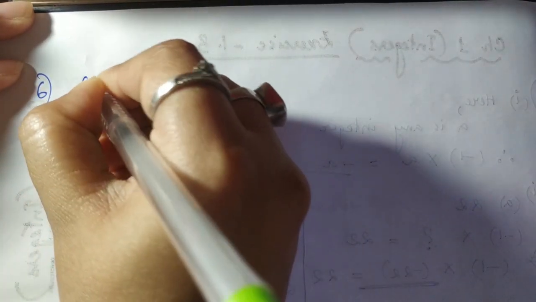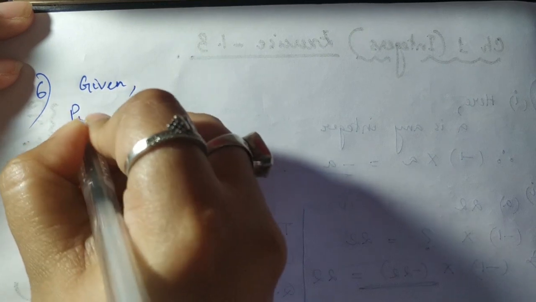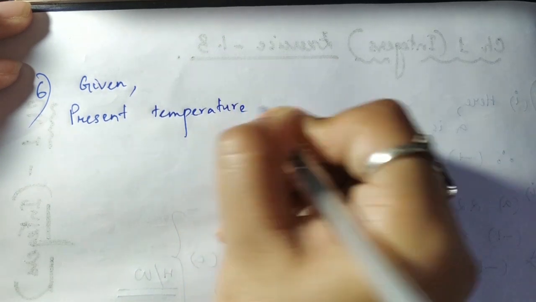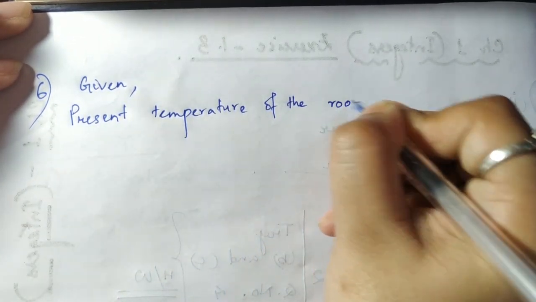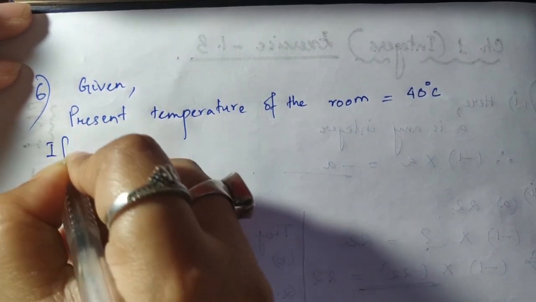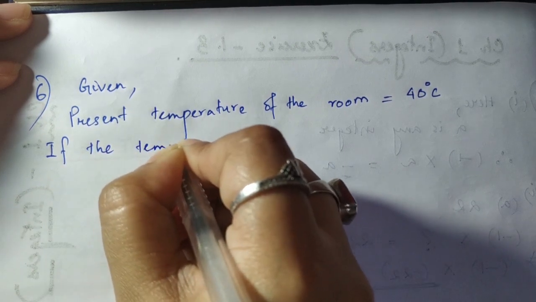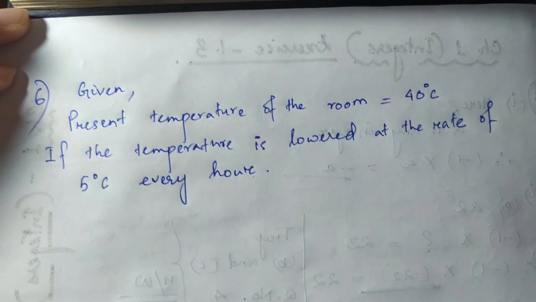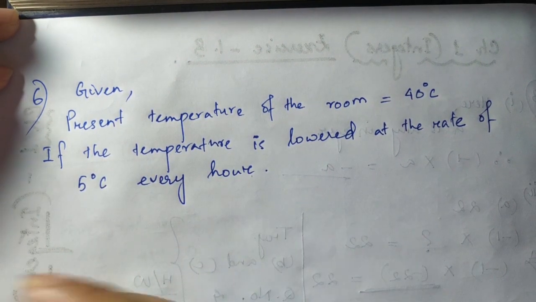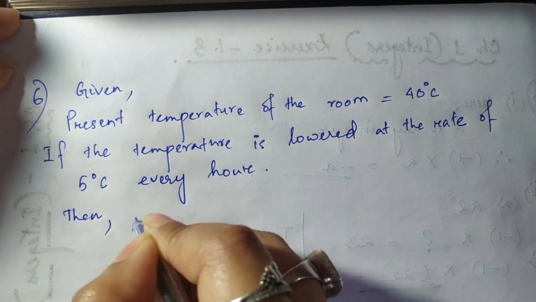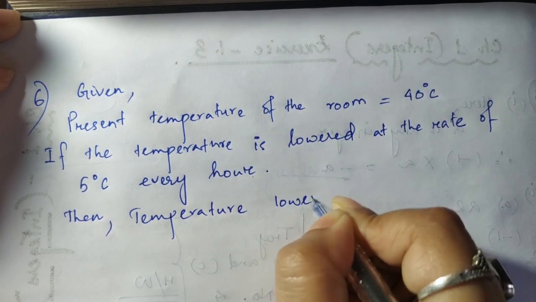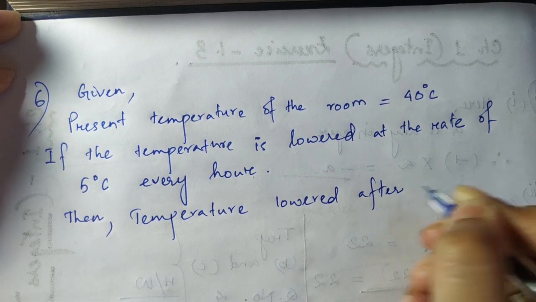So we'll write down what is given. The present temperature of the room was given as 40 degrees Celsius. If the temperature is lowered at the rate of 5 degrees every hour, then the temperature lowered after 10 hours will be how much?